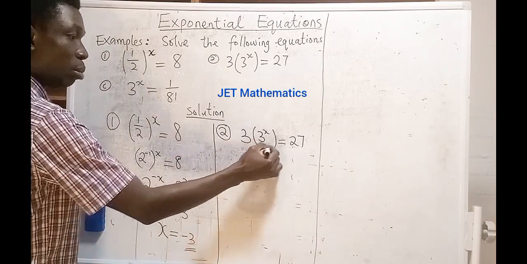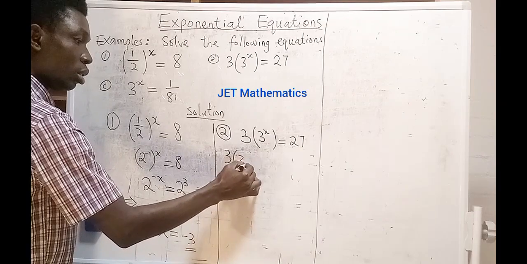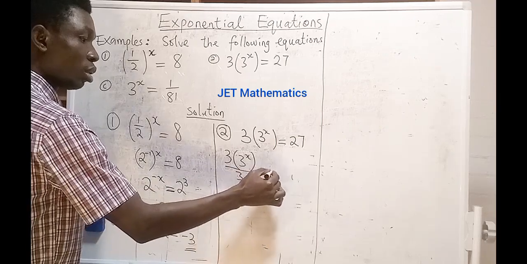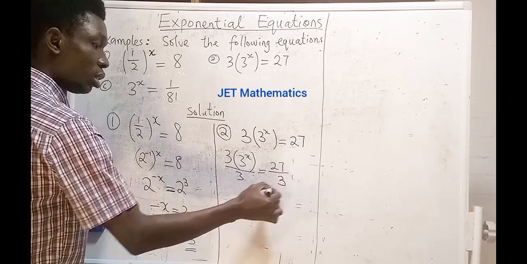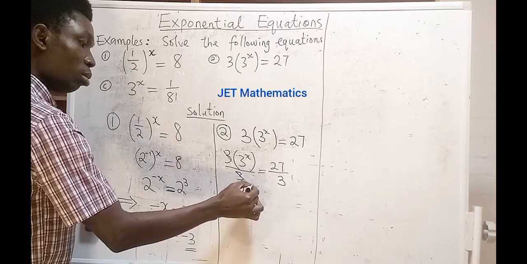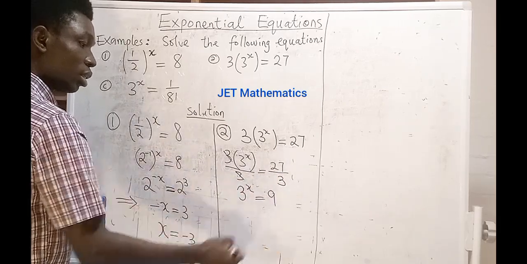So we have 3 raised to the power x divided by 3 equals 27 divided by 3. This 3 goes off with this. We have 3 raised to the power of x equals 27 divided by 3, which is 9.